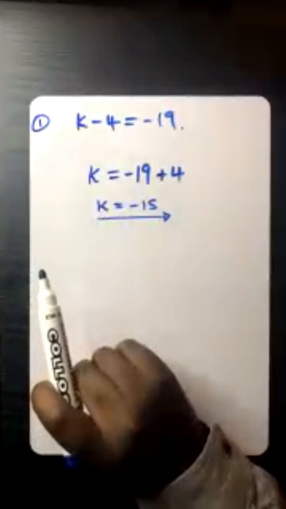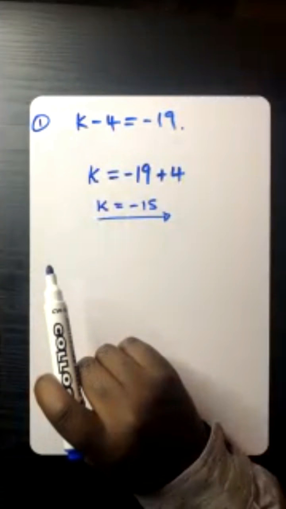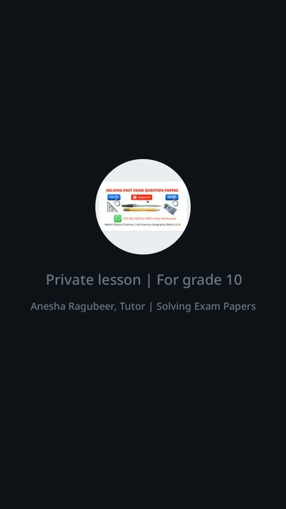Yes, sir. So whatever number is represented as k, you must minus it by 4, which has to give you negative 19. Let's prove.